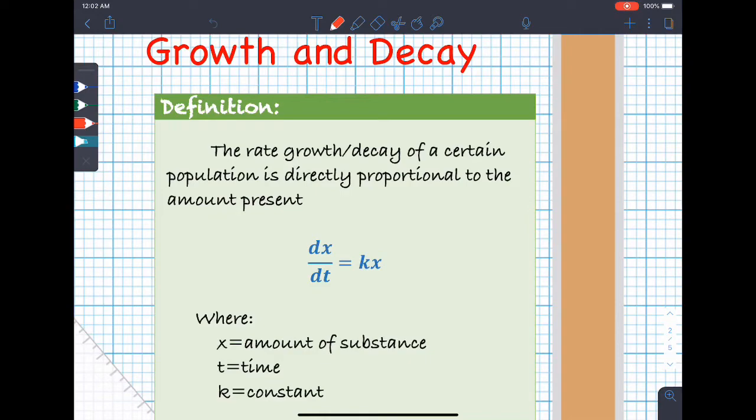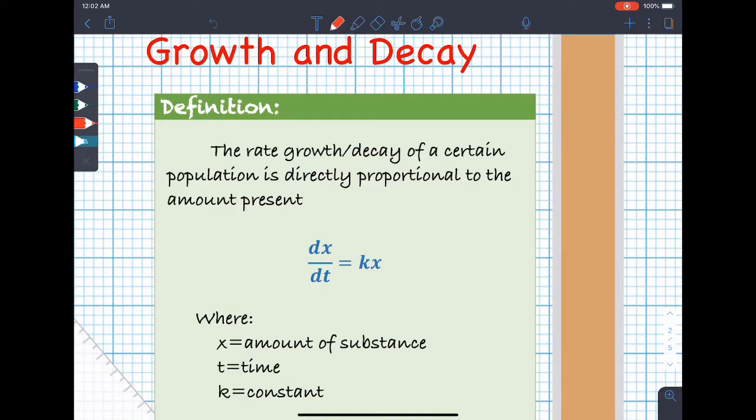The differential equation would be dx over dt, that is the change in the amount of the substance present over a period of time, equals the proportionality constant k multiplied by x, wherein x is the amount of substance at any period of time.